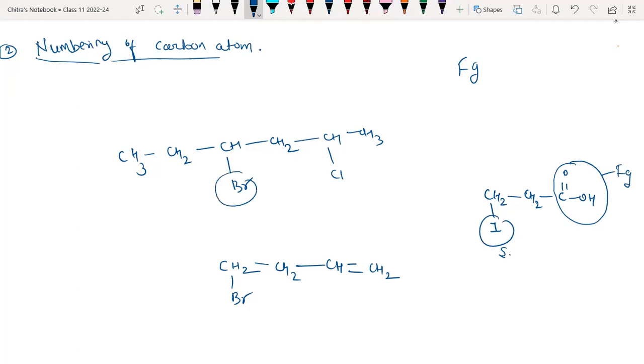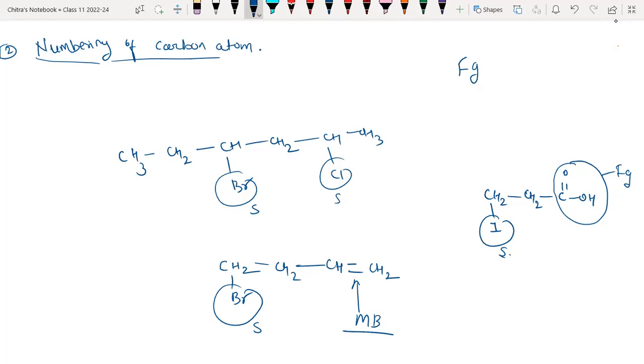Here we have only substitution in this hydrocarbon, and in that one we have a substitution, and here we have multiple bonding, right? Everyone understood that?